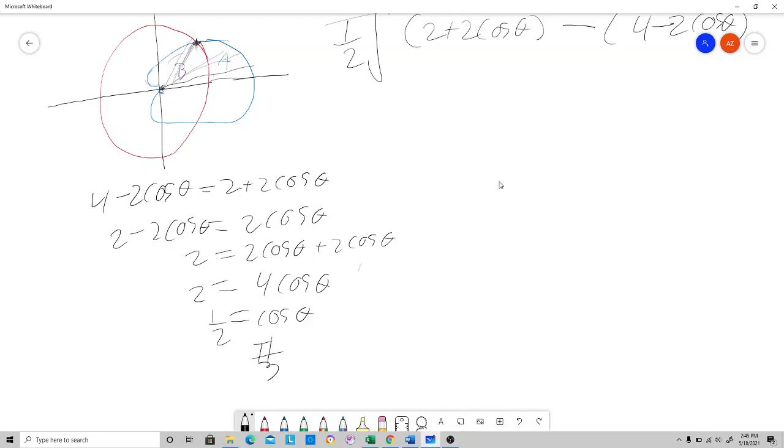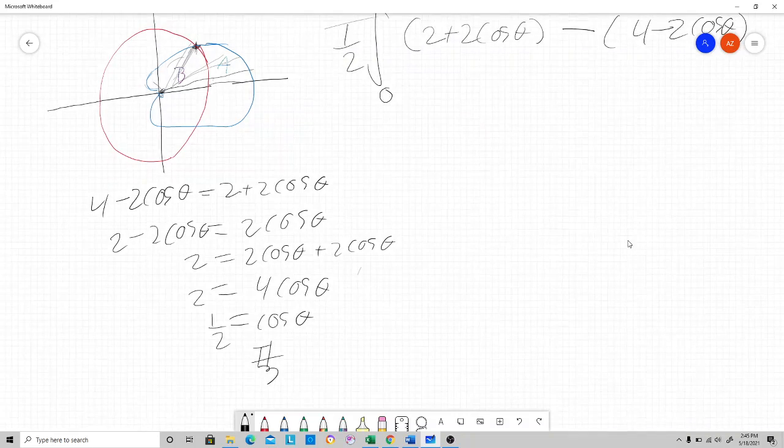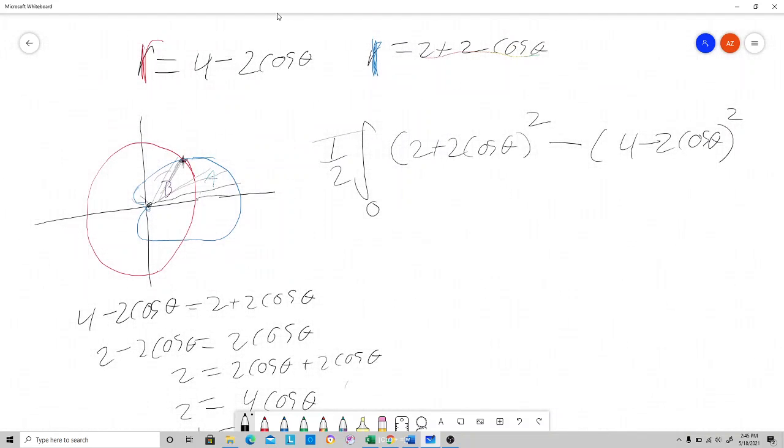So we can say from 0, because these functions should start from here, we do it from 0 to pi over 3. Because if we have the angle right here, this is 0, and then we go up pi over 3.